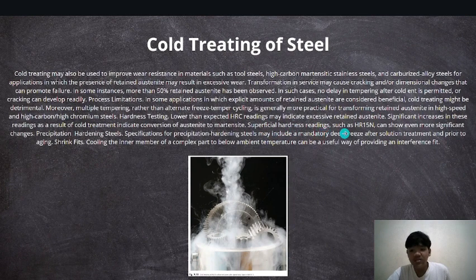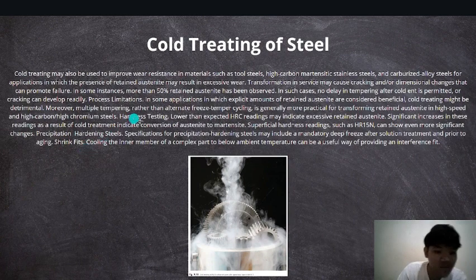Superficial hardness readings such as R15N can show even more significant change. Precipitation hardening steels.